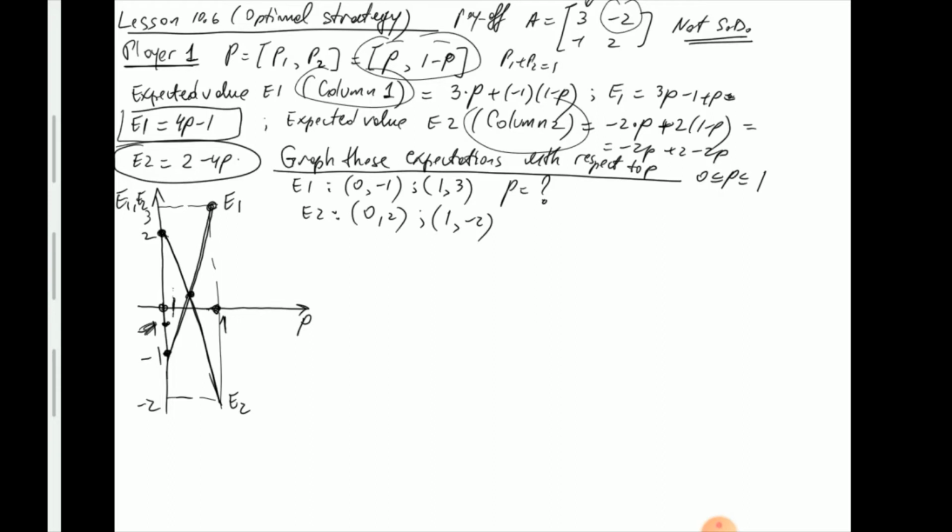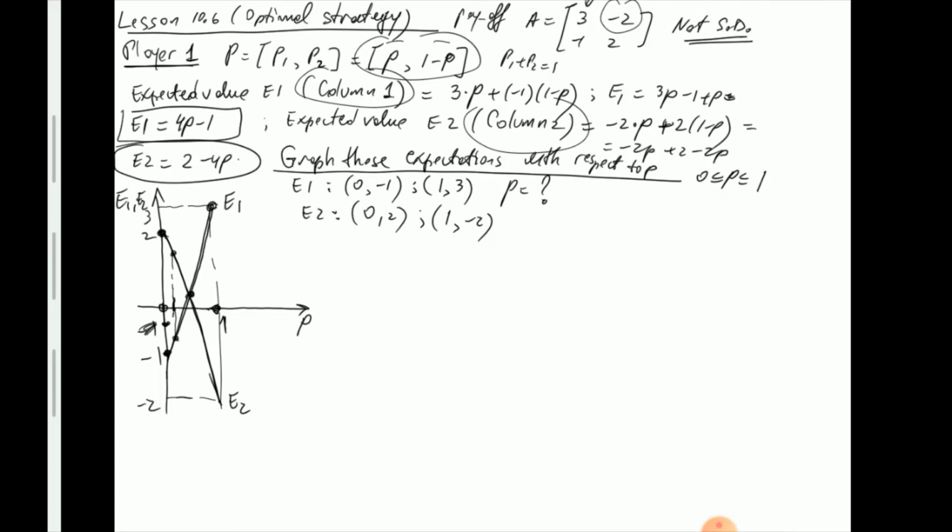You're going to hope that player 2 will choose column 2 so that the payoff ends up on the E2 line. But in the long run, the opponent might figure out that your strategy is biased toward that choice, and for sure he's going to choose E1 and you're going to start losing money.